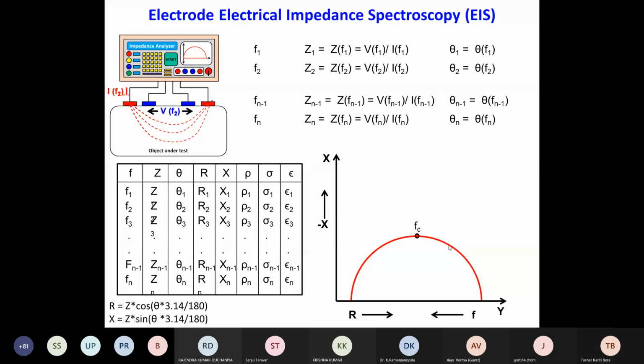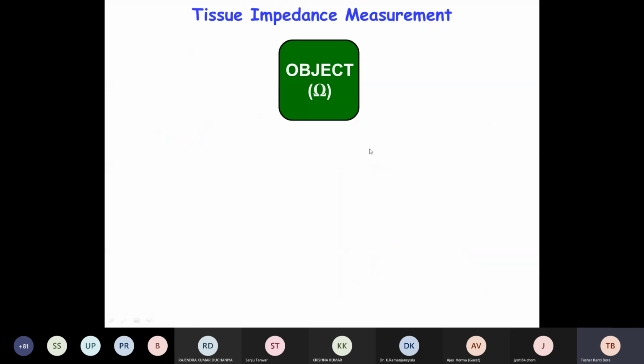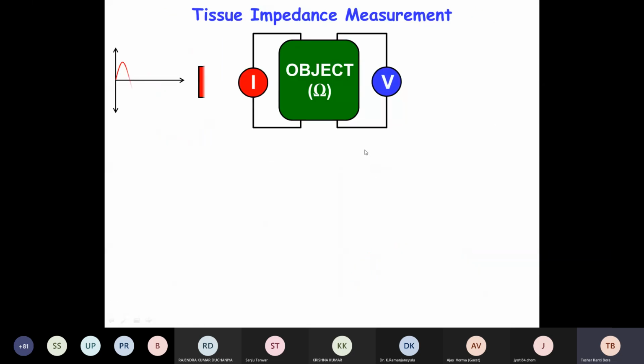If we analyze that curve, in most cases it is not visible as a semicircle. So we need to fit the curve to a semicircle, because as per theory the curve is semicircular in nature, and we can get the equivalent circuit. That is called equivalent circuit modeling.